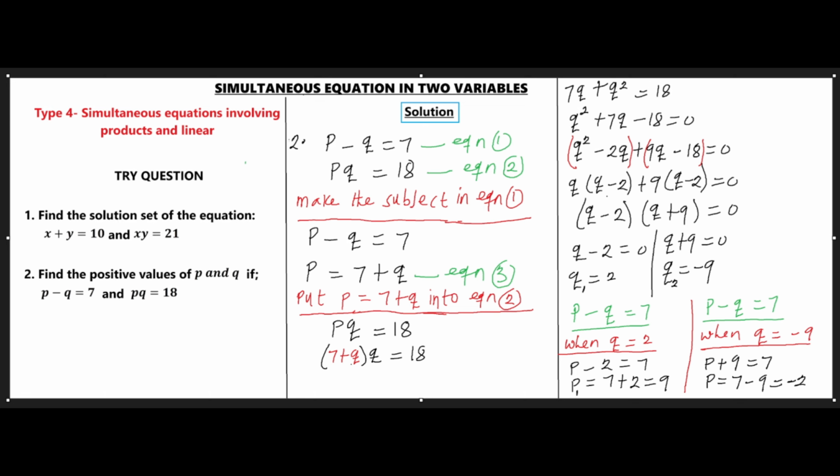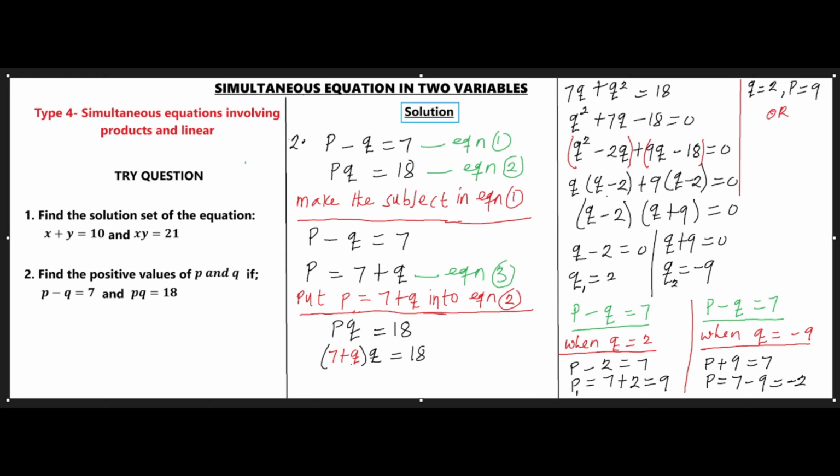So we are almost done. Let's finalize everything and then we are done. Now we have two different answers. When q was 2, we had p as 9. So that is one of the answers.